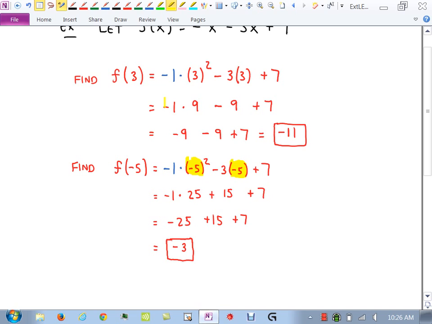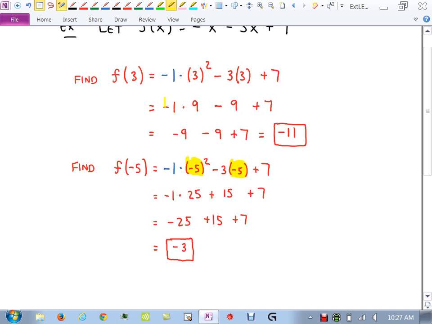If you miss that, it's over. I mean, you'll be off. So that -1 that was in front of the x is out here in front. And then since I'm plugging in -5, I make sure I put it in parentheses, I square it. Next to the 3, remember it was -3x? I put it in parentheses also. That's important because if you don't, you might think that means -3 take away 5 instead of -3 times -5, and then plus 7.